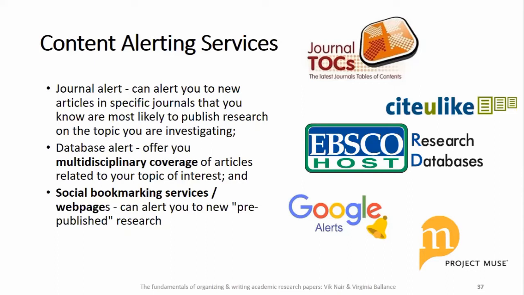It will be a bit delayed relative to a journal alert because these databases take a bit of time to aggregate and integrate new content. So let's say EBSCO does it every couple of weeks or once a month, depending on the database. So you won't always have the latest, like the day it's published, but it will be comprehensive across the database. But the downside is you need to be working in an institution which has a subscription to the database in order to get that.